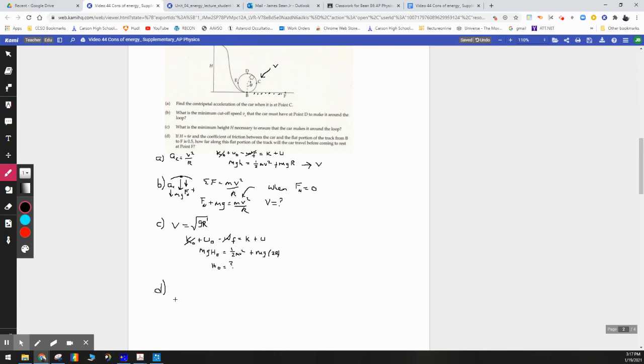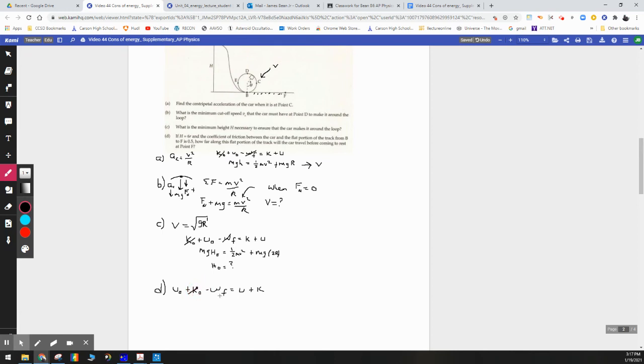We'll go ahead and use conservation of energy. So initial potential energy plus initial kinetic energy minus any work done by friction is going to equal final potential energy plus the final kinetic energy. We're starting from rest, so the initial kinetic energy term is gone.